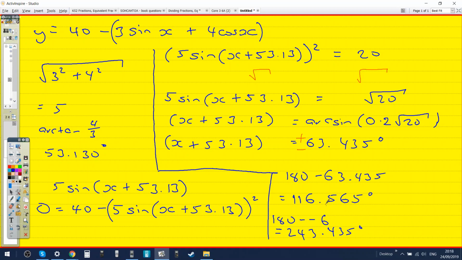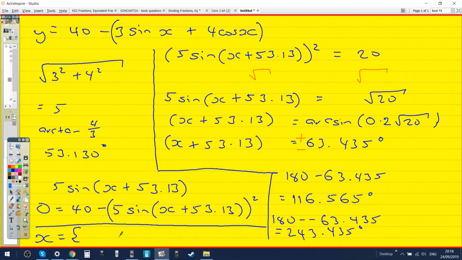Now you subtract 53.13 from all four of them. All four? Yes, so the plus, the minus, the 180 minus, and the 180 plus. So minus 63.43 minus 53.13 equals minus 116.56.